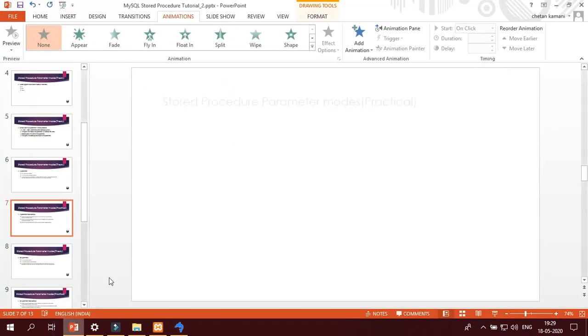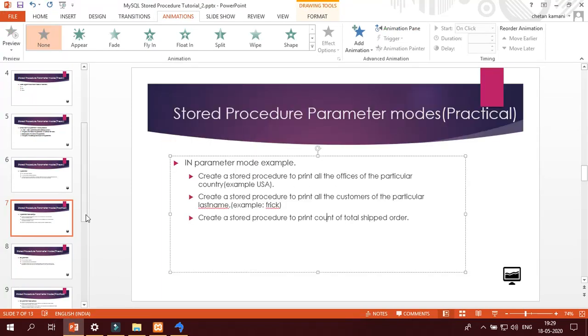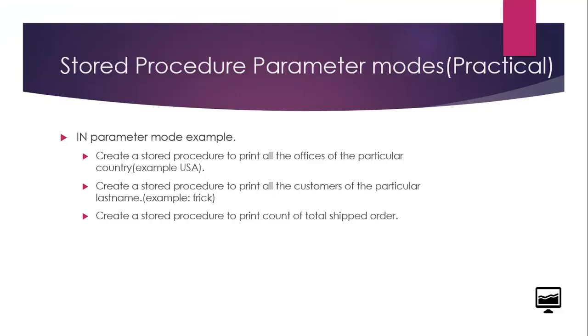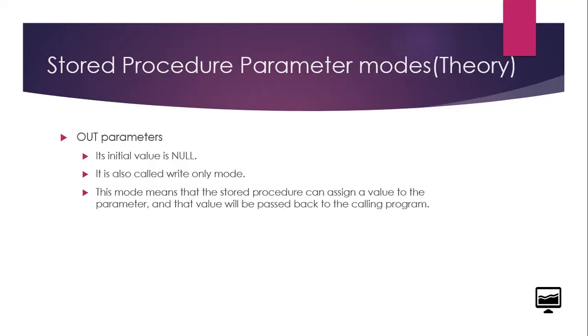Okay, now you got the IN parameter mode. Now we further move towards the OUT parameter mode. Again, let me remind you, IN parameter mode is for input purpose, and which is the default mode. So now we focus on the OUT parameter.